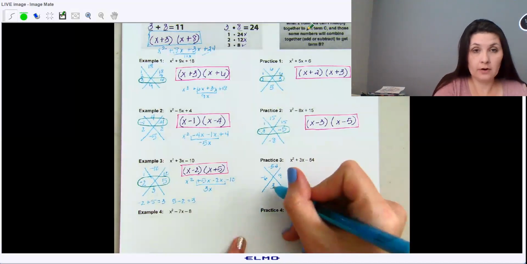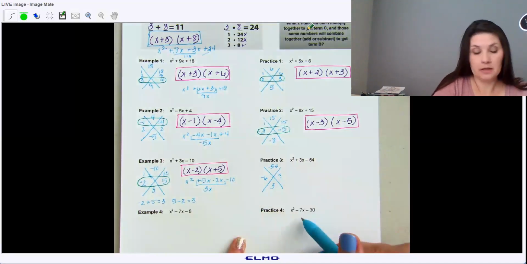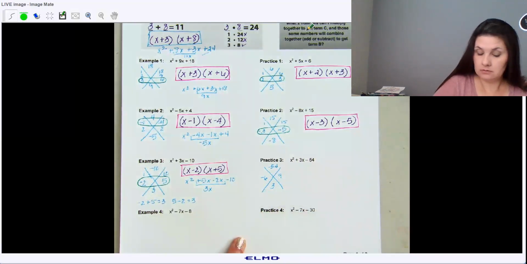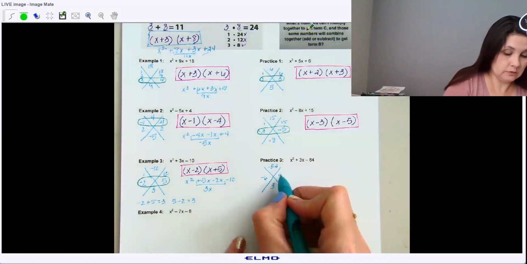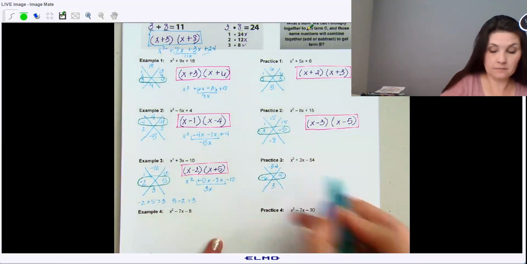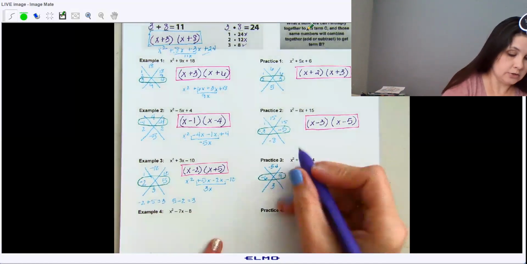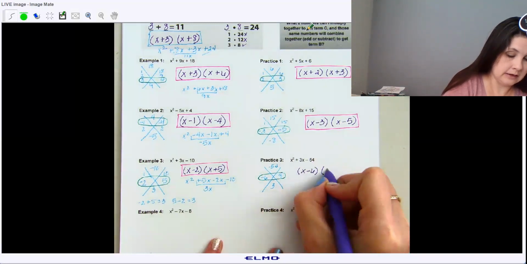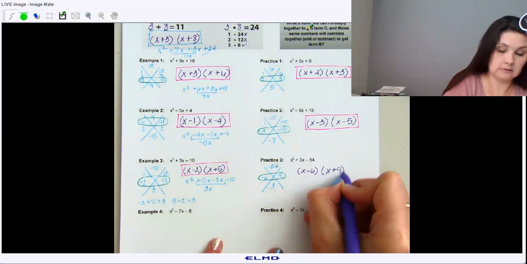If this was negative right here, which we're going to get down to the bottom, then that might change. Okay, so we are going to use these terms right here, and we're going to do x minus 6 and x plus 9.